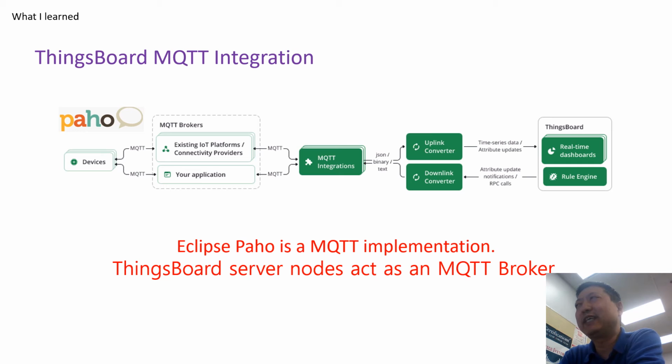After that, the Sense HAT device publishes each piece of data to the ThingsBoard platform. The ThingsBoard server node acts as an MQTT broker.